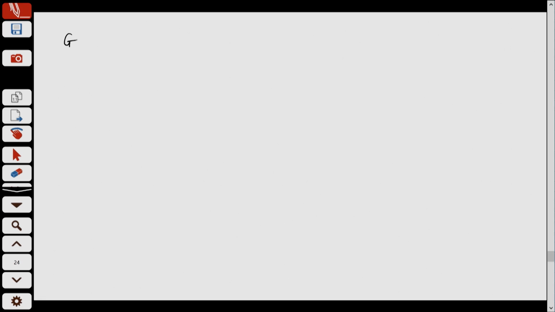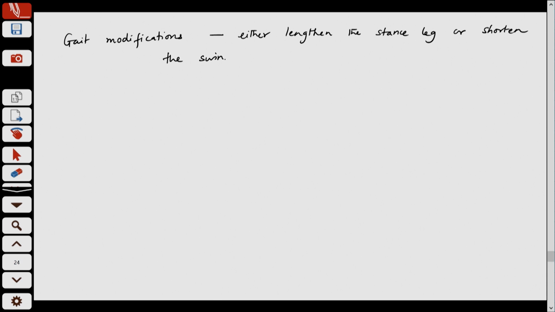So, the gait modifications that would be required is you want to either lengthen the stance phase leg or shorten the swing phase leg or use a combination of these strategies.